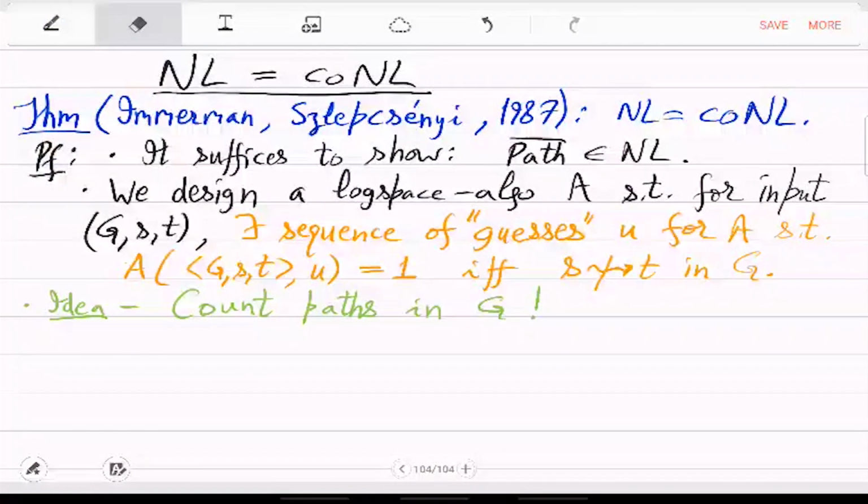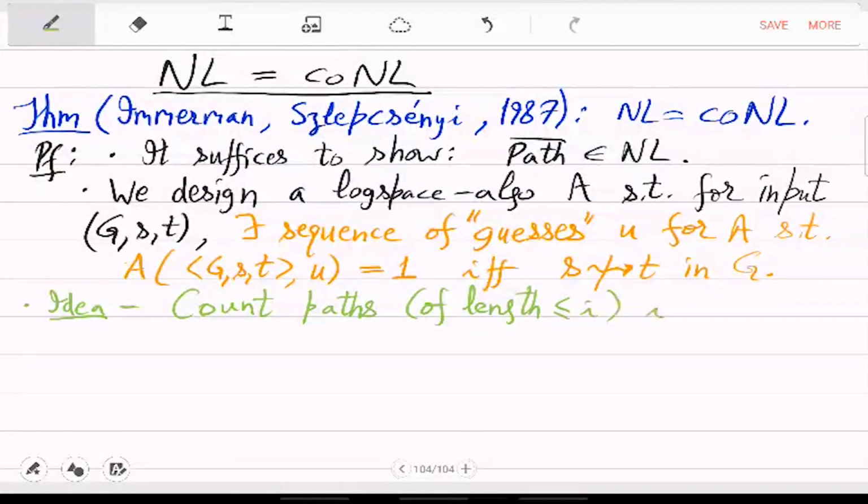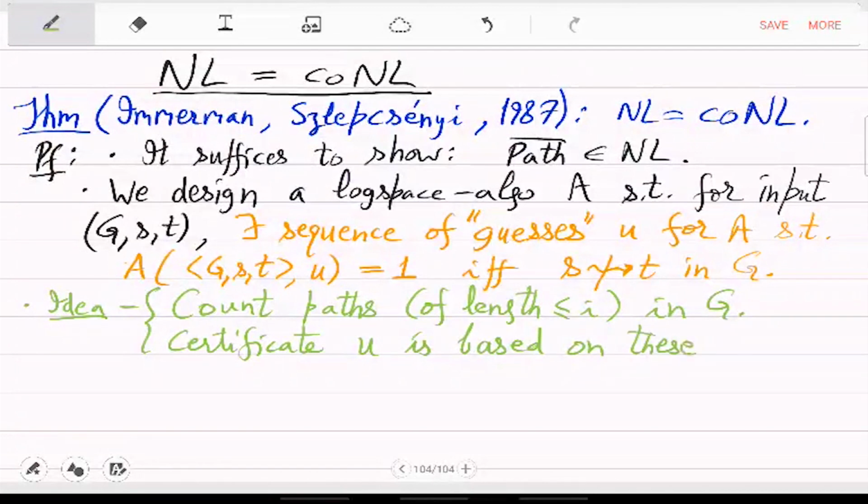Okay, so it's by path counting. So let's implement the idea. Let me specify more: count paths of length equal to i in the graph G. So it will be a detailed path counting in the given graph, and the certificate U will be based on these counts.